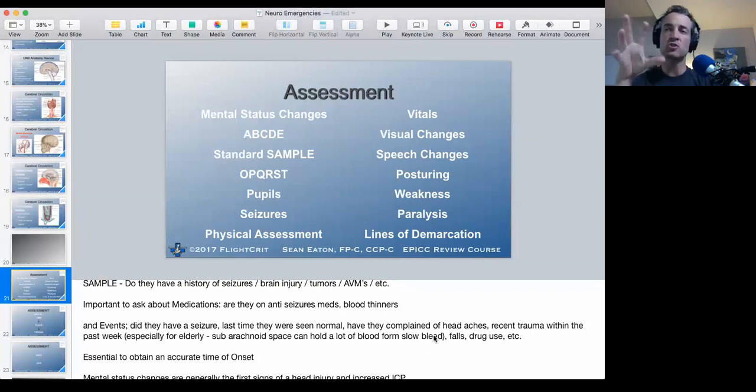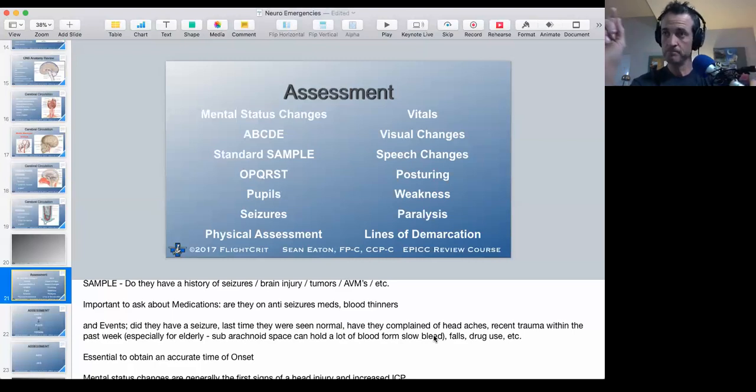The recent trauma question sometimes gets overlooked when you're managing a patient who's had a recent seizure and there's no immediate acute trauma, like they didn't just fall and hit their head. But it's important to realize, in the subarachnoid space, that's mostly venous blood flow, so it's slow, and there's a lot of space in there.